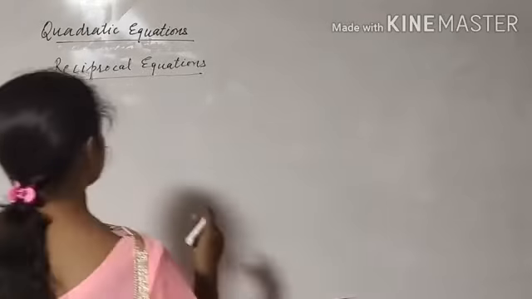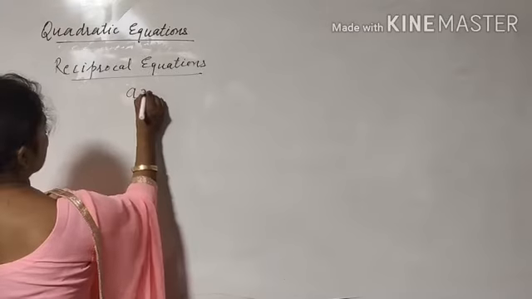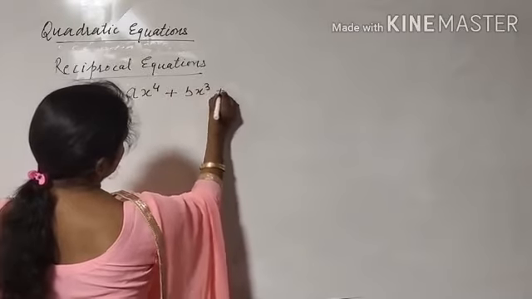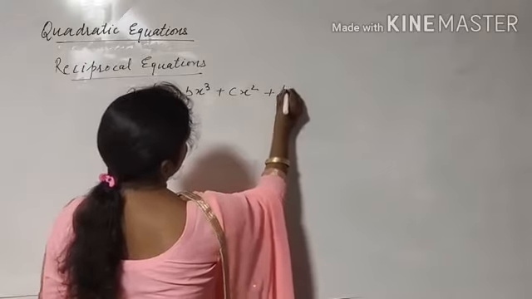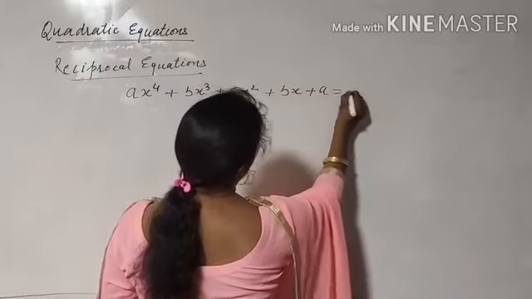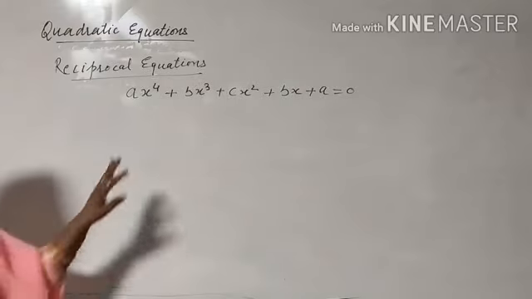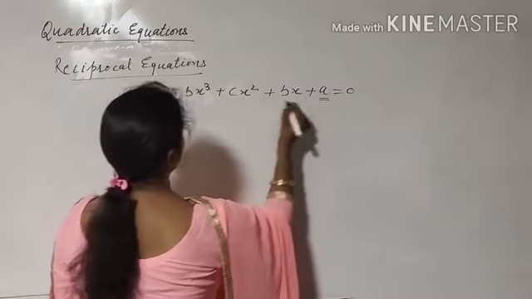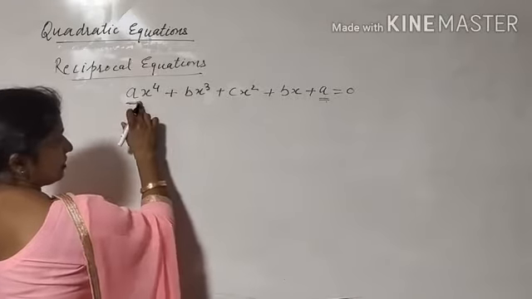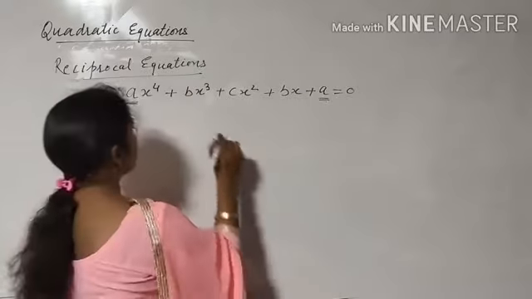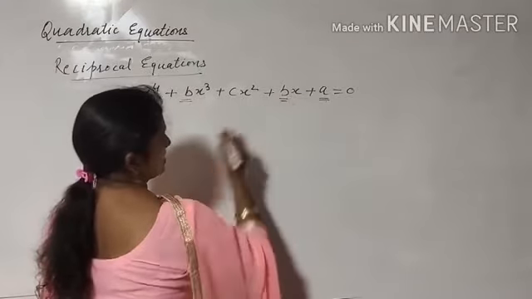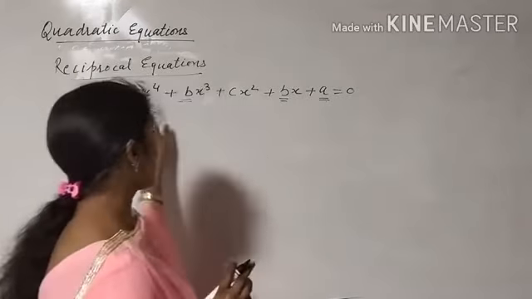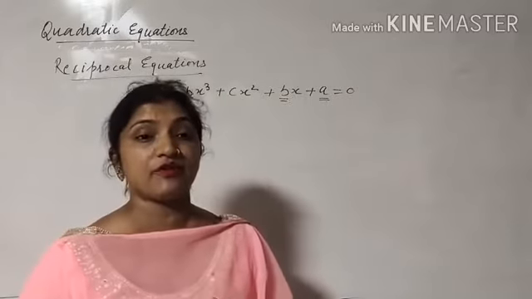For example, an equation of degree 4 can be of this form: ax^4 + bx^3 + cx^2 + bx + a = 0. The first coefficient from the beginning is same as the first from the end, the second from the beginning is same as the second from the end, and the middle as well. So this type of equation is called a reciprocal equation.